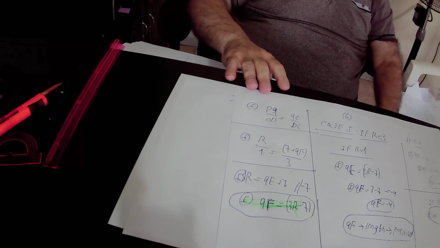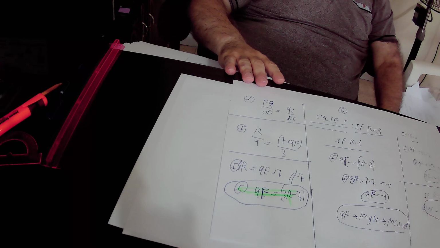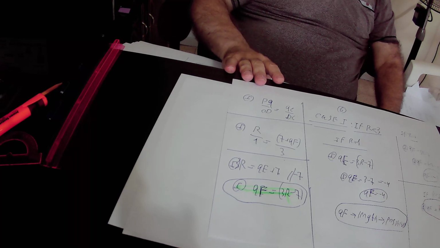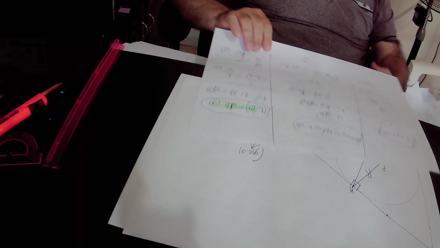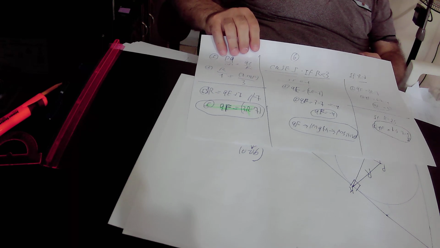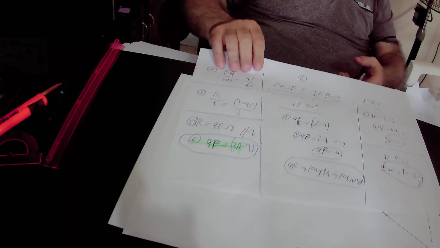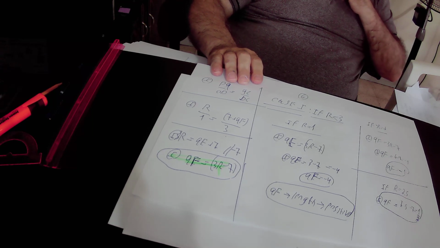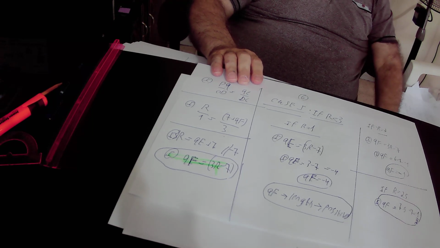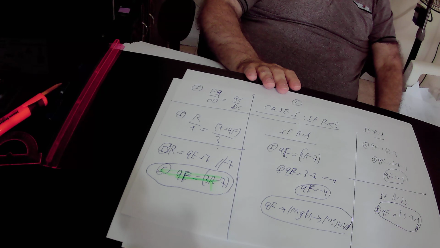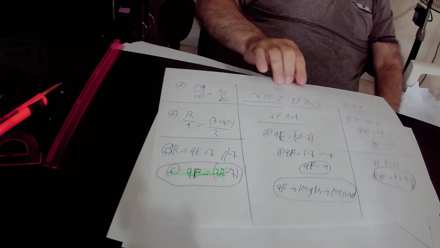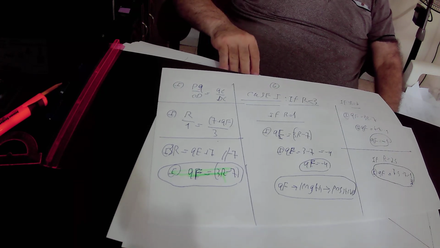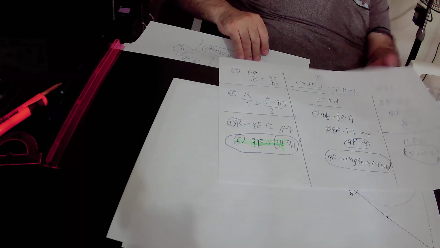Okay, then we have that the radius of the big circle could be less than 3 units, it could be equal to 3 units, and it could be greater than 3 units. So we examine each case. If the radius is less than 3 units, then we actually get a contradiction.